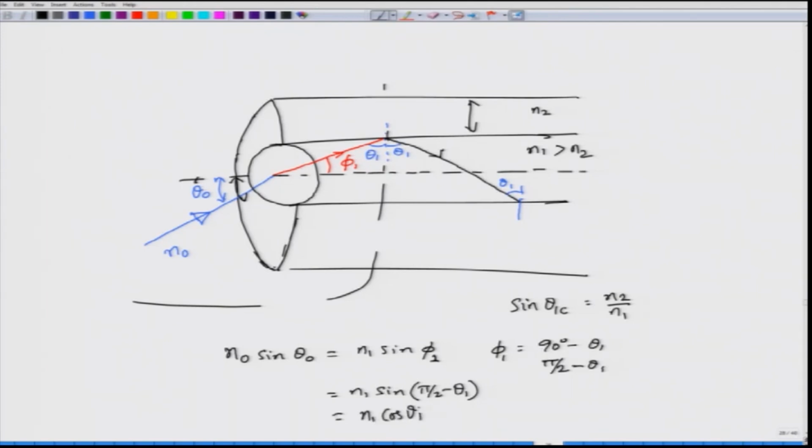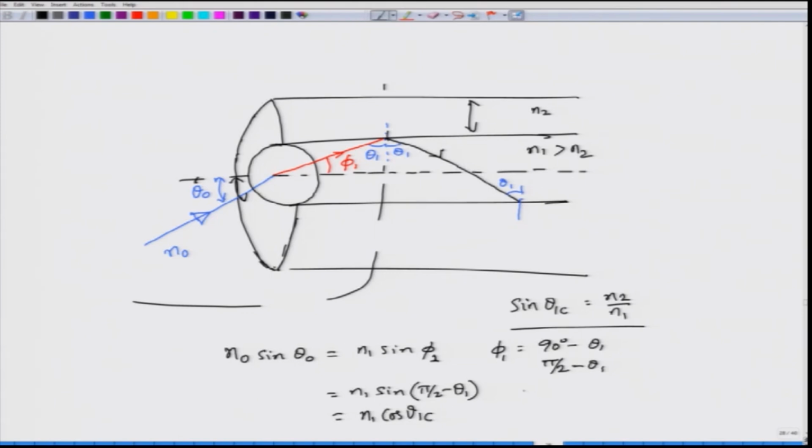And as I have told you, if I were to look at this ray of light which is at the core cladding interface just at the critical angle, when theta 1 becomes equal to theta 1c, sin theta 1c is N2 by N1, and I will make theta 1 as theta 1c, for whatever the value of theta 0 that this happens.